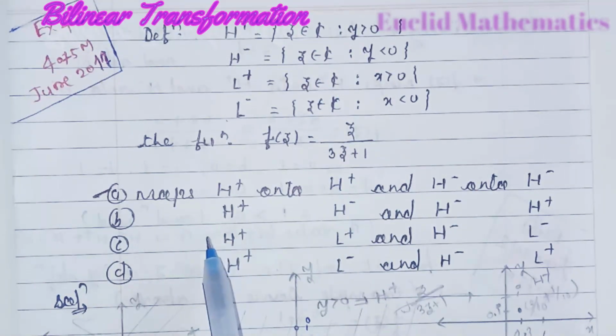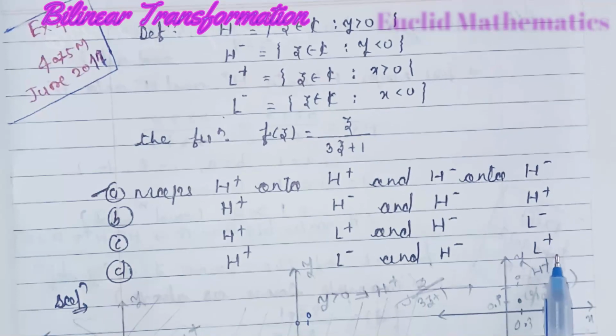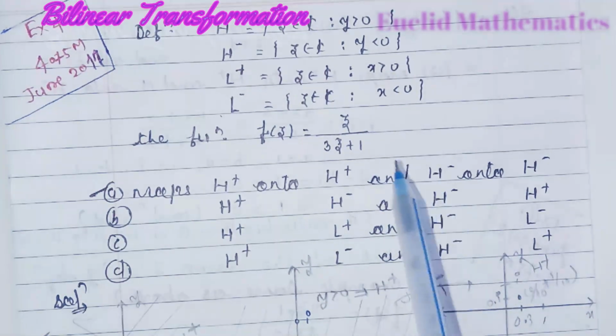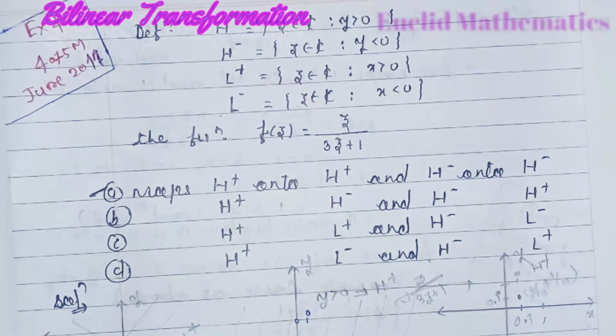Similarly, for the third option, the positive half plane to the left half plane L plus. That means one is for the imaginary axis and the other is for the real axis. Similarly H minus to L plus. Negative half plane means negative y axis to positive x-axis. So we have to check under this function which half plane maps to which half plane. That means positive maps to negative or negative maps to positive.